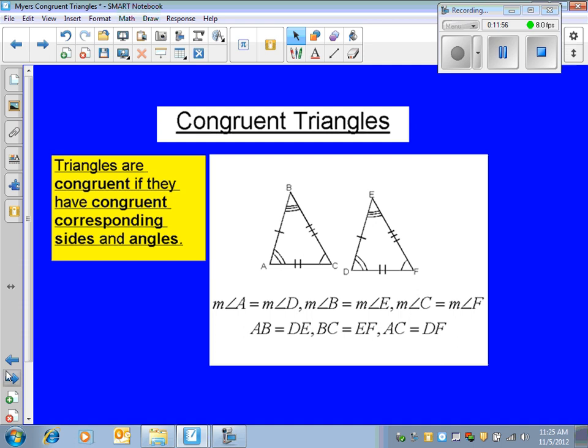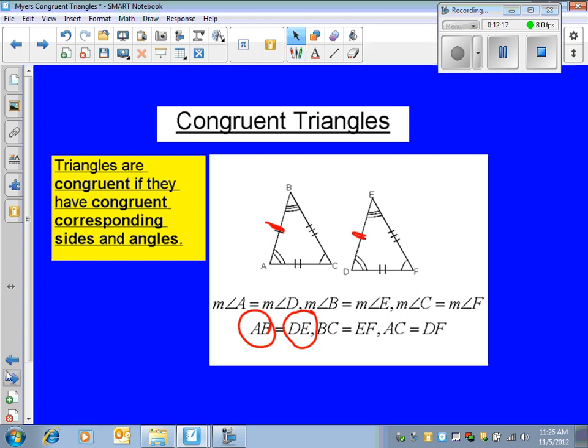So now I showed you the angles, but what do we see right here? We see sides. Let's check it out. This says that side AB, here it is right here with one mark, is congruent to side DE with one mark. I like it.